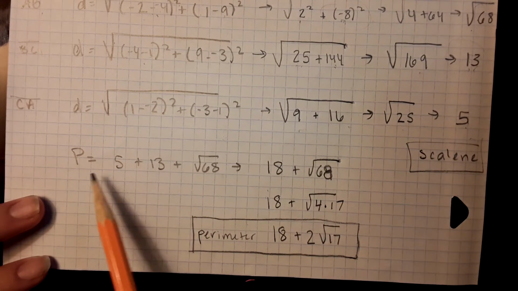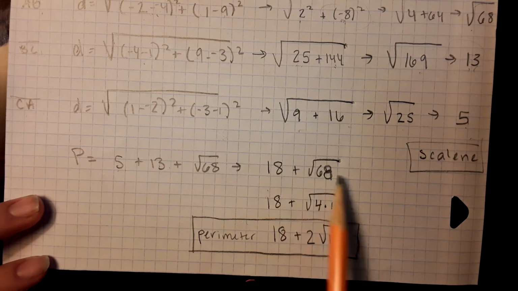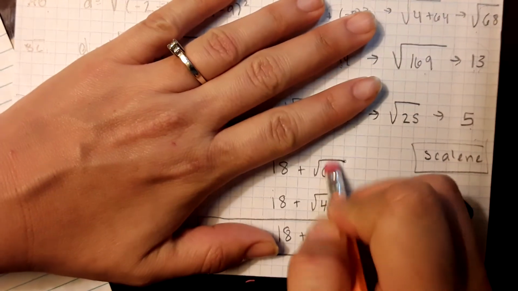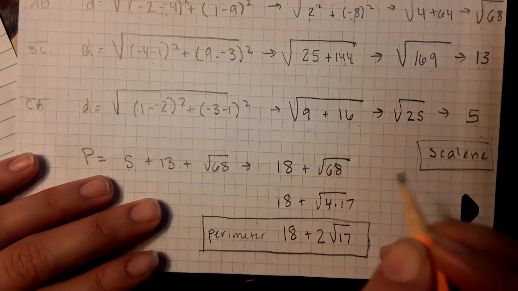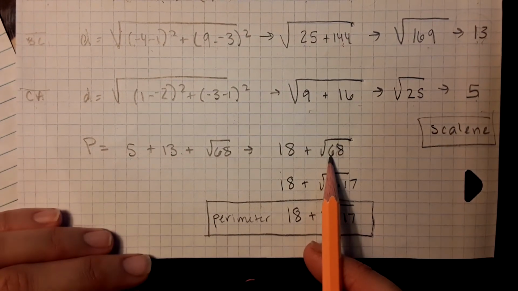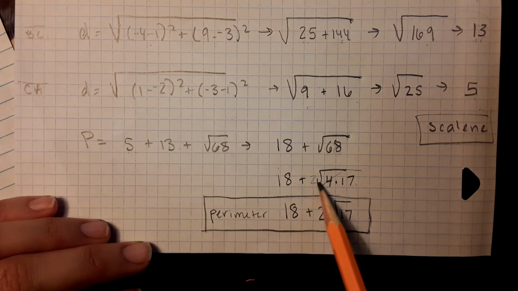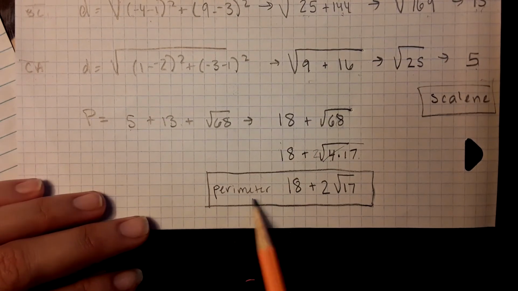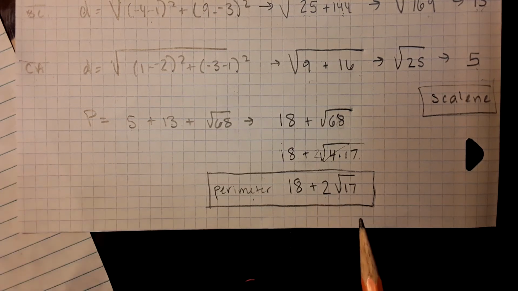So to find the perimeter, you need to add all those side lengths together. We get 18 plus the square root of 68. Breaking 68 down, it is 4 times 17. The square root of 4 is 2. So our perimeter is 18 plus 2 square root 17.